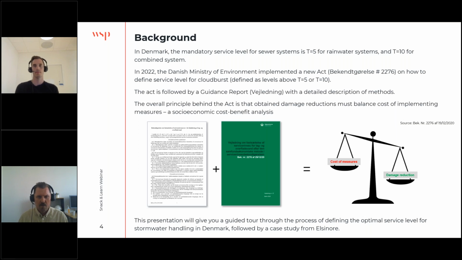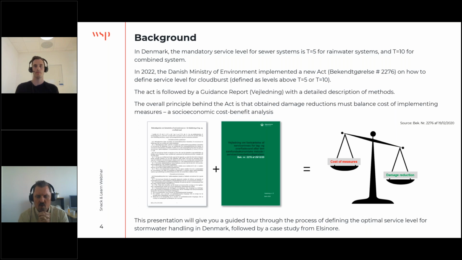And in Denmark, for sewage system, we have a mandatory service level that the utility company must meet for a return period for 5 years for rainwater system and 10 years for combined system. But that is the minimum mandatory service level. We may also find an optimal service level that is higher than these two service levels.